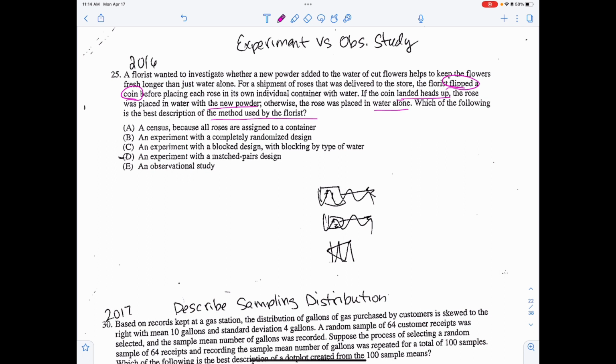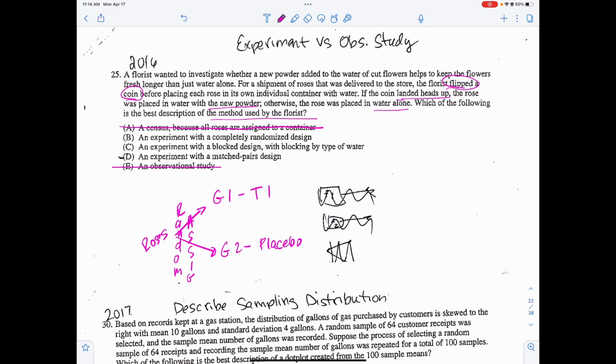All right, so census, it says everything. That doesn't really make any sense. It's definitely not an observational study. But the way I did this is, if I had roses, this would be random assignment. And of course, this would be group 1, and group 1 got the treatment, and group 2 got the placebo, or the water, right?